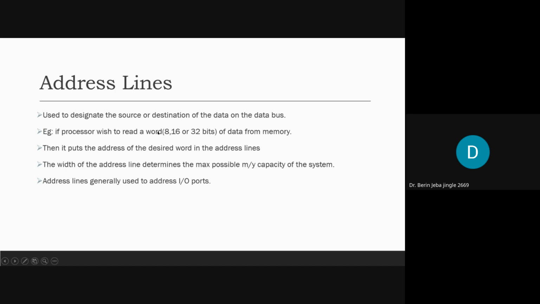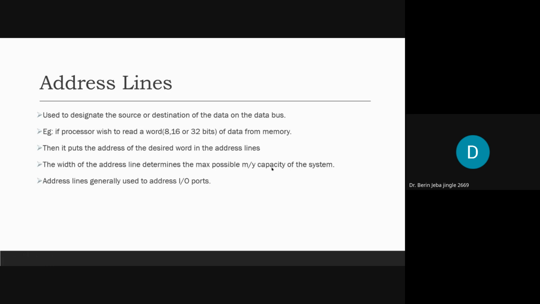The processor is wishing to read a word. It may be 8-bit, 16-bit, or 32-bit data. Data will be transferred through the data bus and the corresponding address will be put on the address line. The width of the address line determines the maximum possible memory capacity of the system.